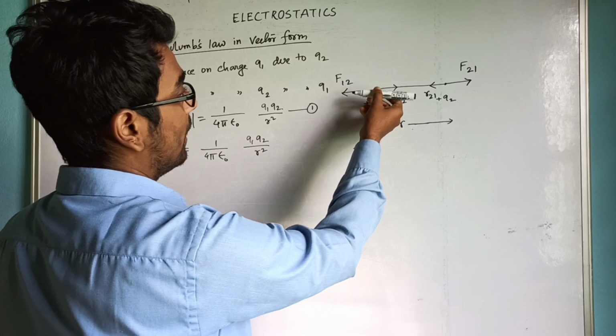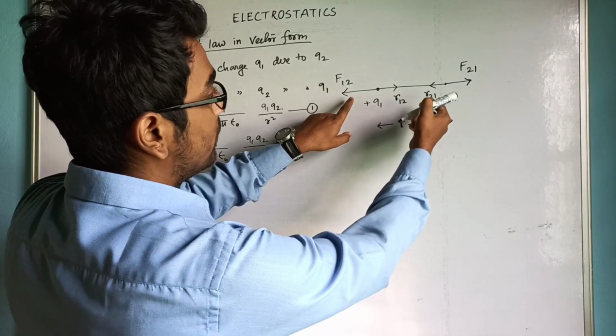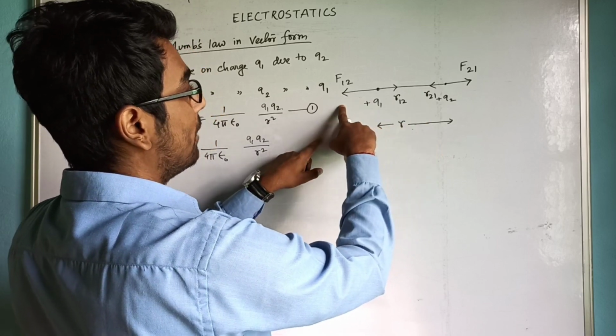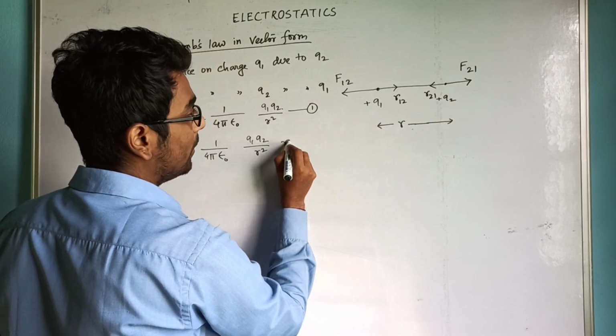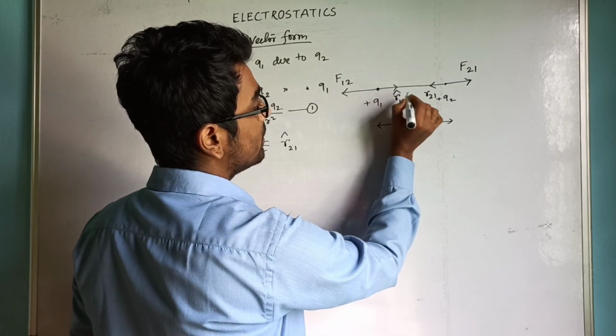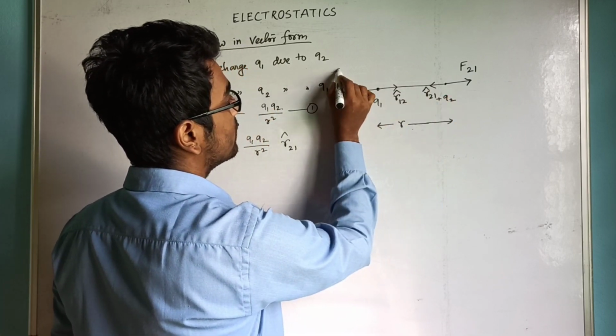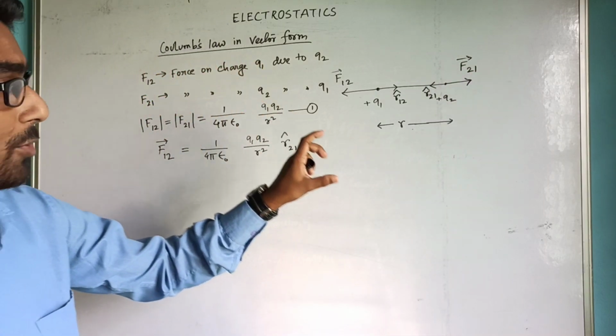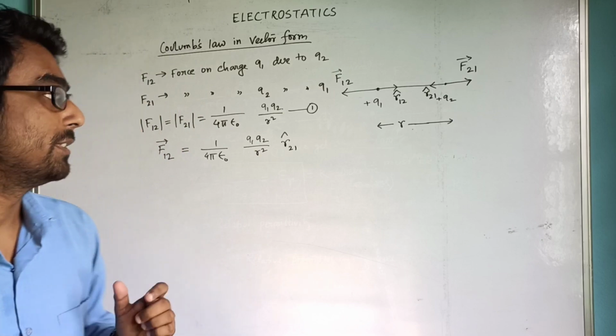See, F12 is in the direction of R21, so here it will be R21 cap. Here we put a cap because these are vectors, since R12 and R21 are the unit vectors of distance.